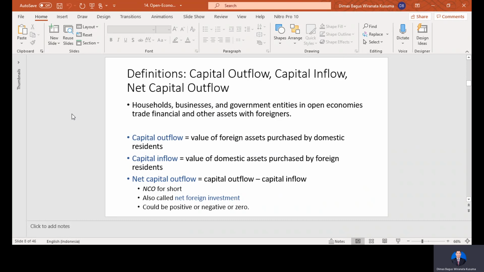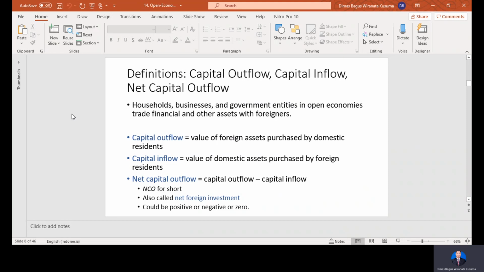And we also understand capital outflows, namely the value of foreign assets purchased by domestic residents. So when you purchase foreign assets, it is called capital outflow. Capital inflows are the value of domestic assets purchased by foreign residents.